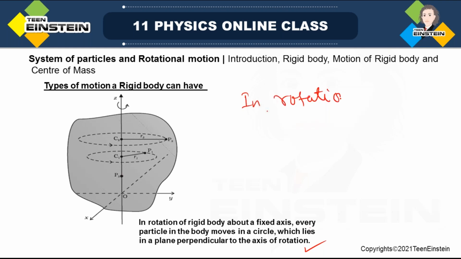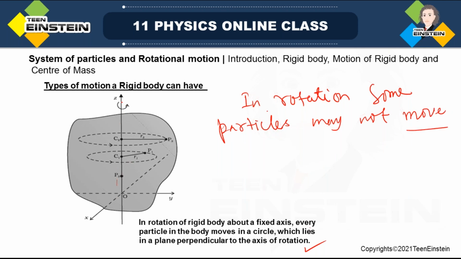In rotation, some particles may not move, the ones on the axis of rotation. That's why I have written may not move. If the axis of rotation is outside the object, then each of the particles will be moving.